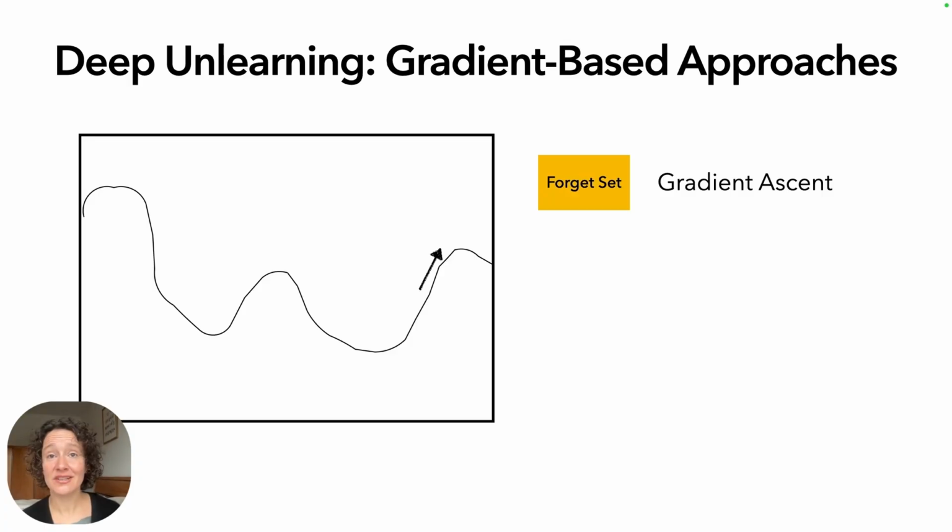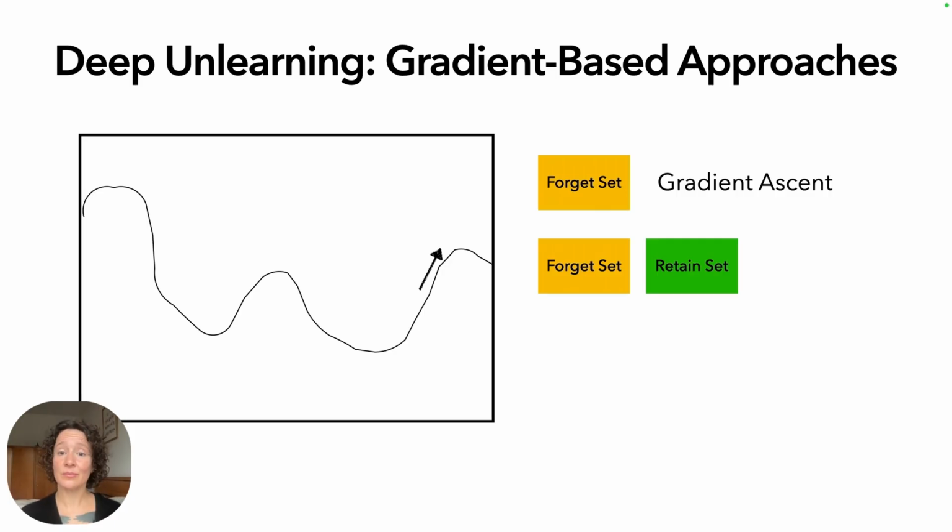Now, as you can imagine, if you've been doing deep learning for any period of time, you're thinking, Catherine, isn't this going to create some instability in my model? Because normally we're trying to minimize loss. Now you're telling me we're trying to maximize loss on a subset. Yes, you're right. That can be dangerous. So some other approaches also select a retain set.